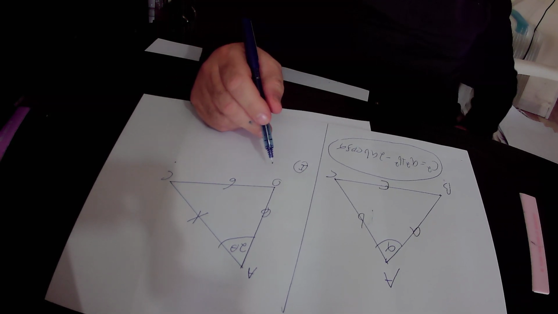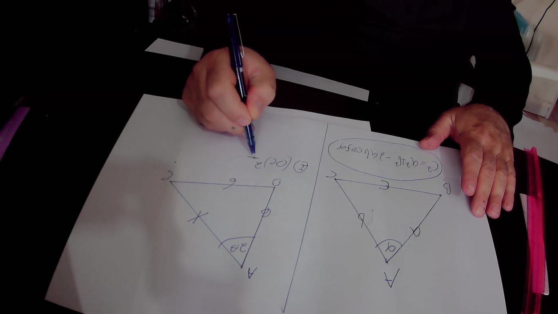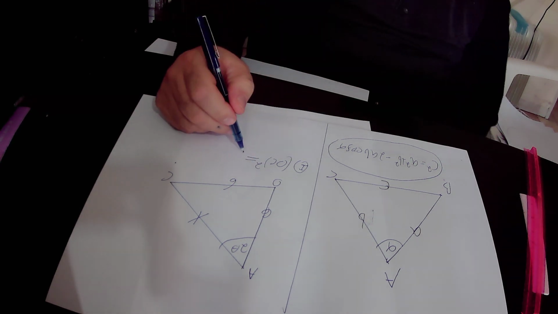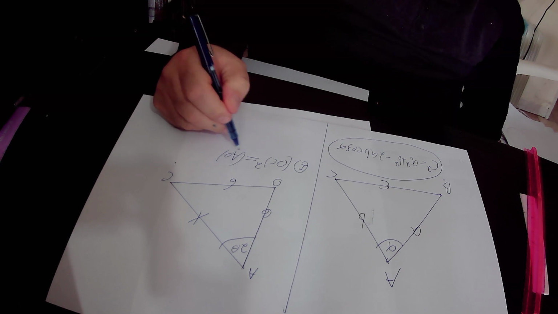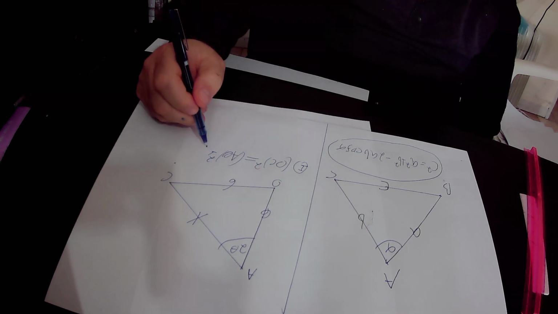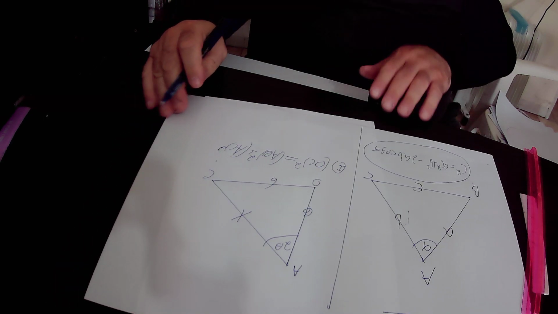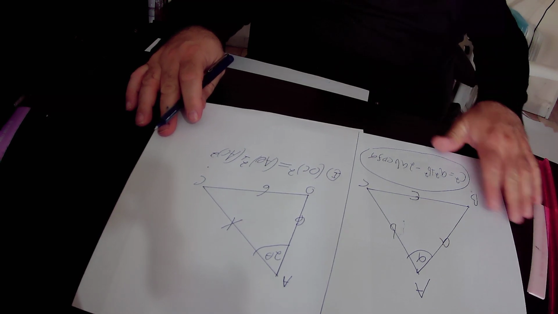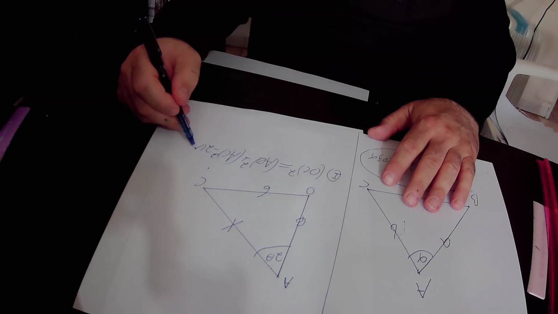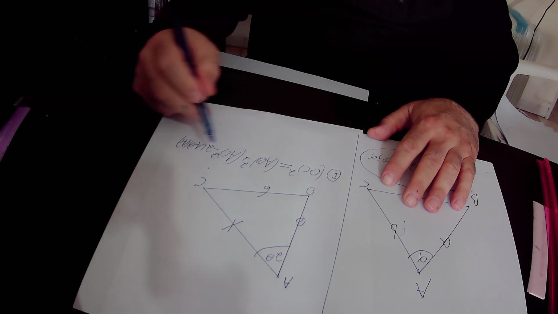Here OC squared equals AO squared plus AC squared minus 2 times AO times AC times cosine 2 theta.